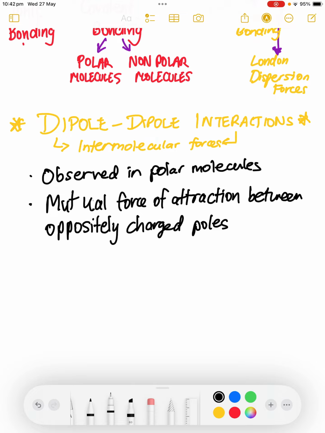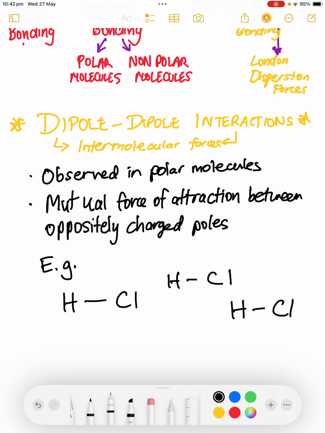All right. An example of which I'm just going to show HCl. And I'll show HCl over here, and I'll show another HCl. Now just remember, H would be delta positive in this scenario.